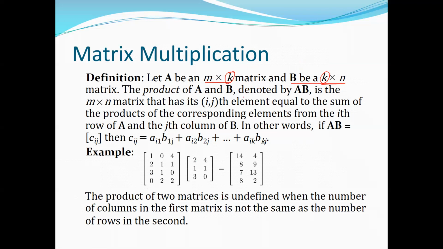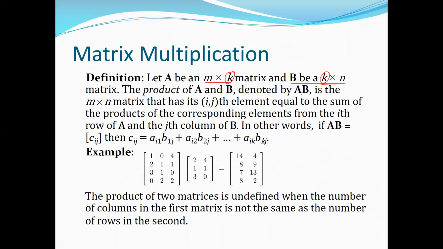So the product of A and B, denoted by AB, is the M cross N matrix that has its i, jth element equal to the sum of the products of the corresponding elements from the ith row of A and the jth column of B. What does that mean? I will explain it with one example.